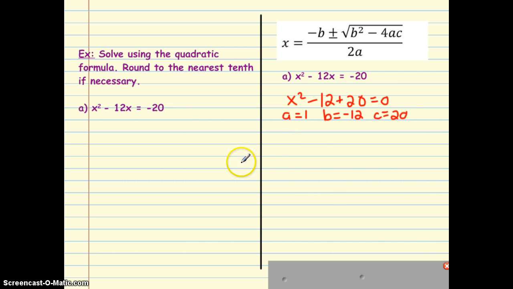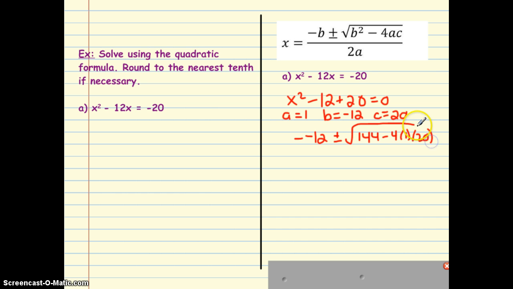And then it's just a matter of plugging in and cranking away at this. So let's get started. Negative 12 plus or minus the square root of b squared, which I'm going to square our b and get 144, minus 4 times 1 times 20.